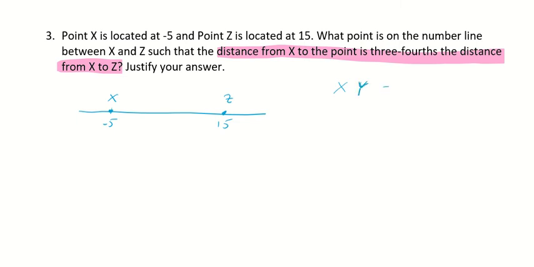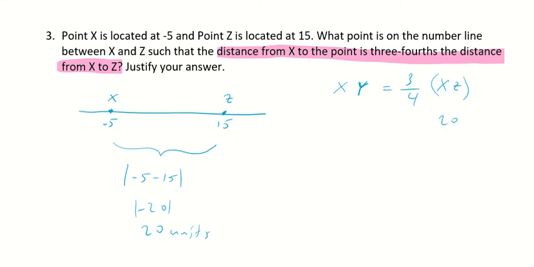So that distance equals 3/4 the distance from X to Z. Well, they didn't give us a distance from X to Z, but we can calculate it because they gave us the 2 points. So the absolute value of -5 minus 15, or the absolute value of -20, is 20 units. So XZ is 20 units times 3/4.